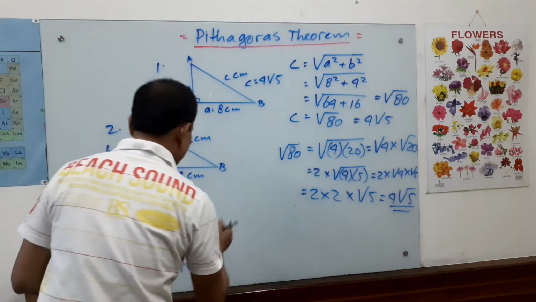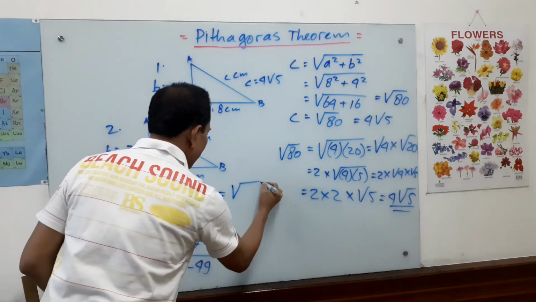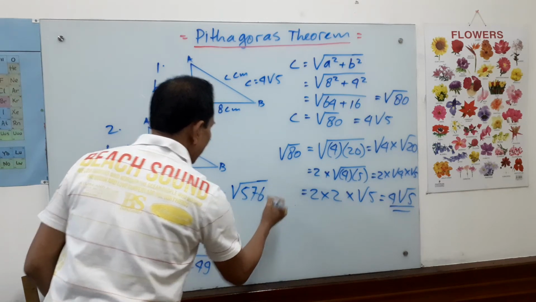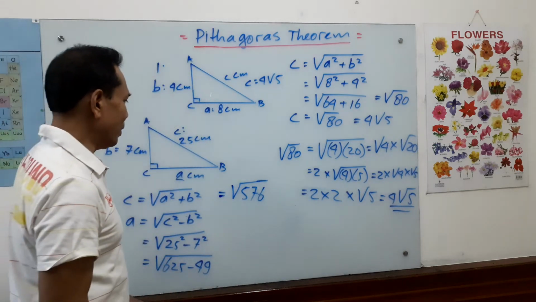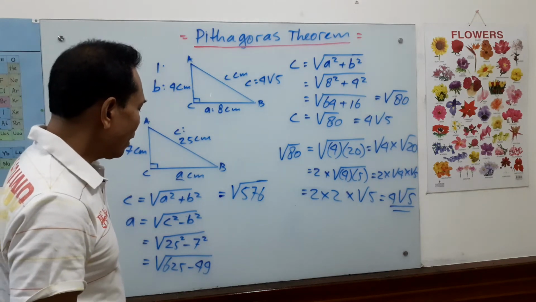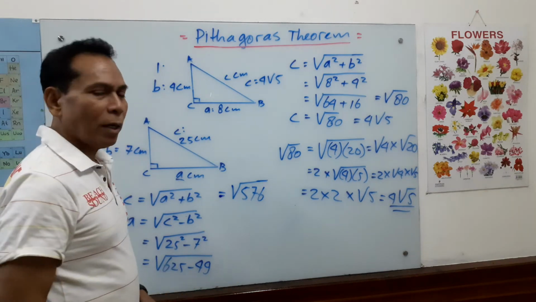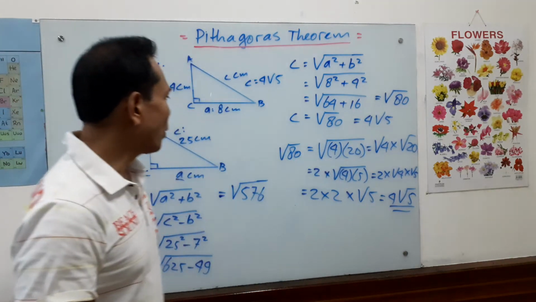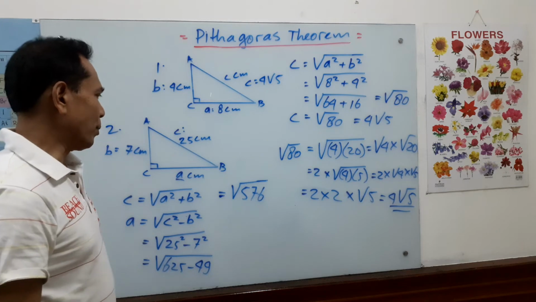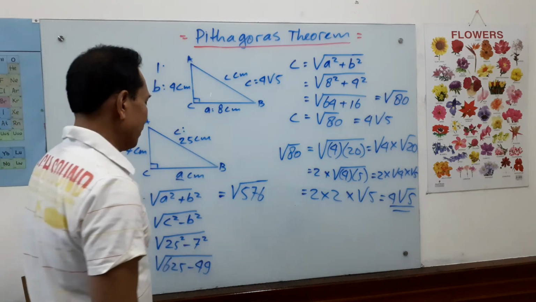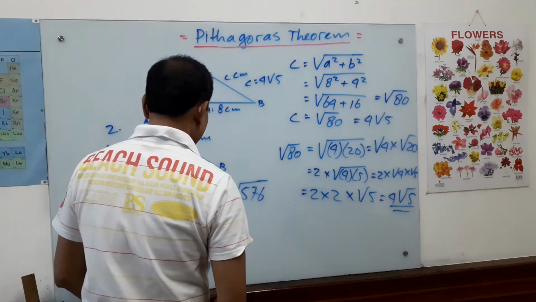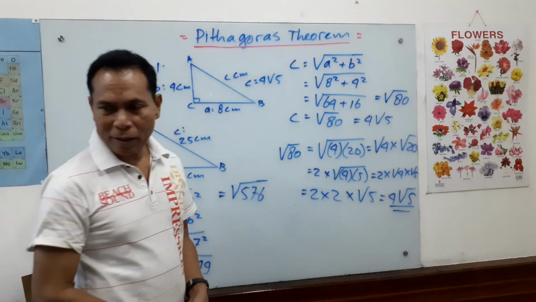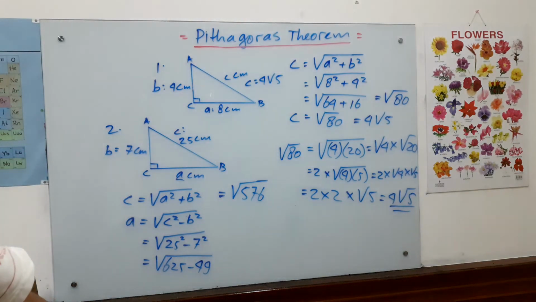So we bring here the square root of 576. Now we need to work this out manually. We can use this way, or we can also use factor tree. But to make it faster, we can just press our calculator.